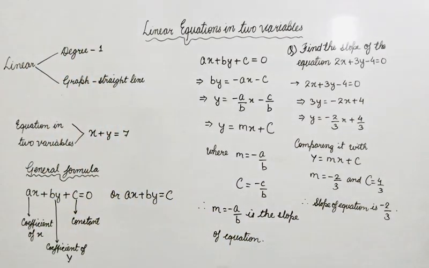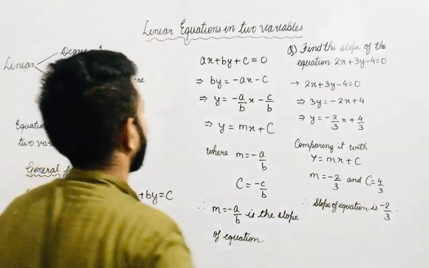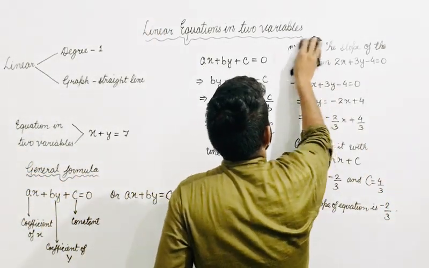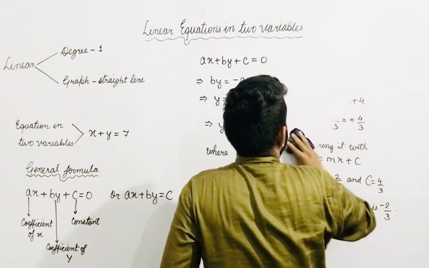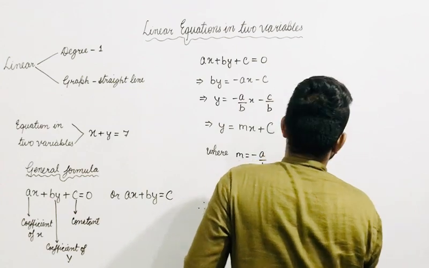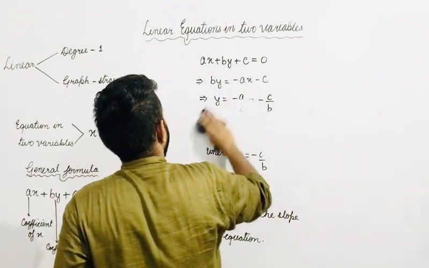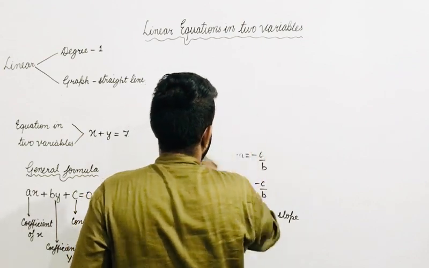Now we will study how to represent any linear equation in two variables by graph, or graphically. How will you draw the graph of any linear equation in two variables? This is a very easy concept and you will get it very soon.